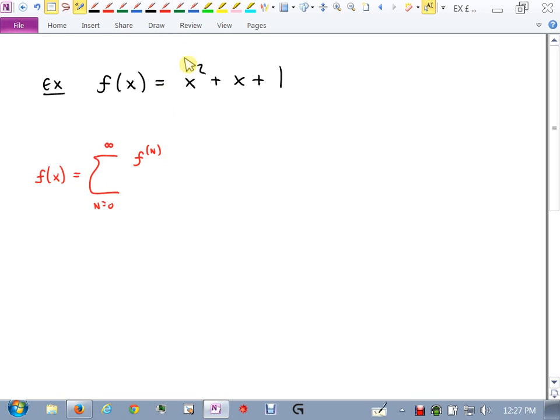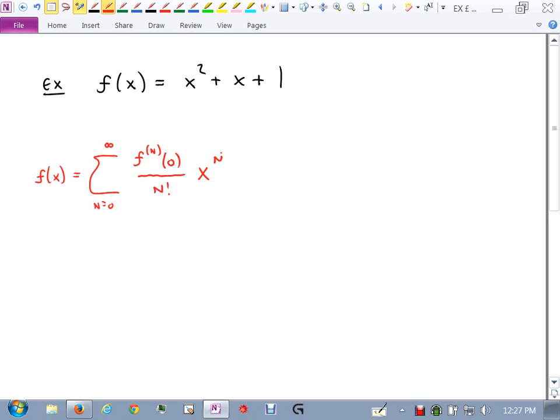Does it look like we have x minus a in here anywhere? I mean, a here looks like it's what? 0. So let's do the nth derivative at 0 over n factorial x to the n. Let's see if that Taylor series, I could also call that a what? Maclaurin series. Let's see if that Maclaurin series is the same as that function up there.